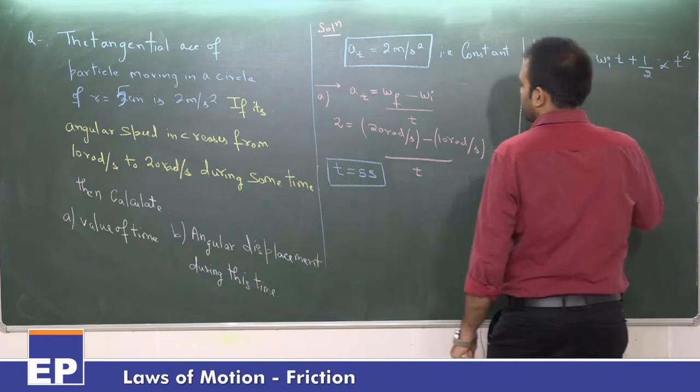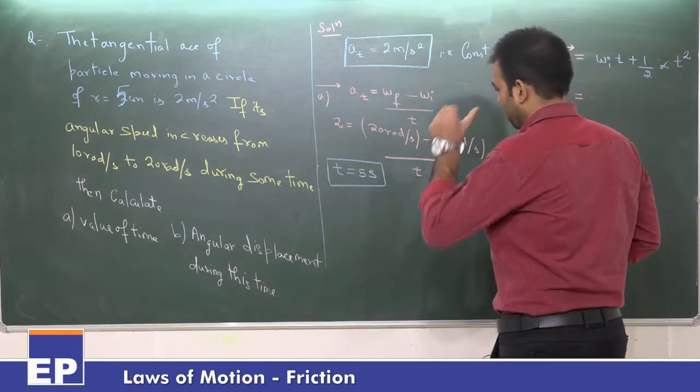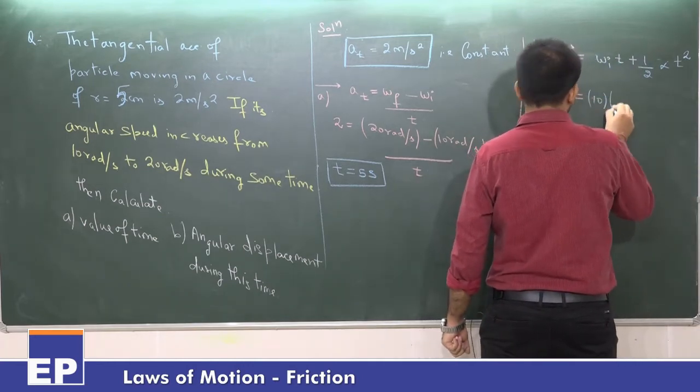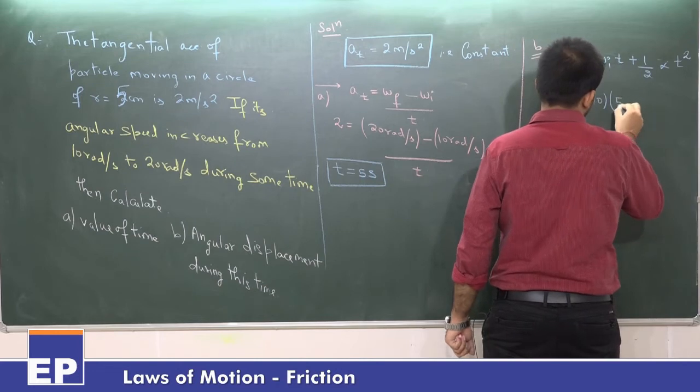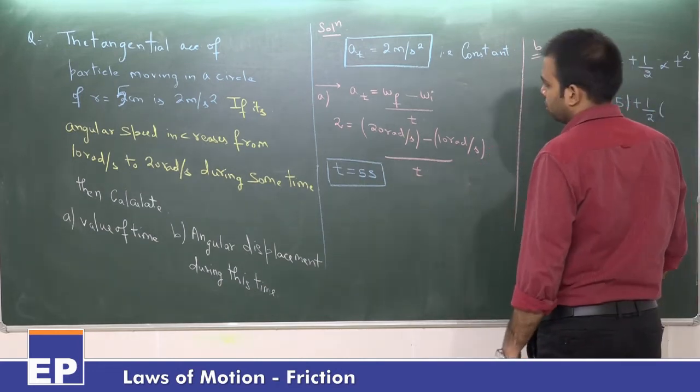So what is omega initial? 10 into t. What is t? 5. Half alpha. What is alpha?